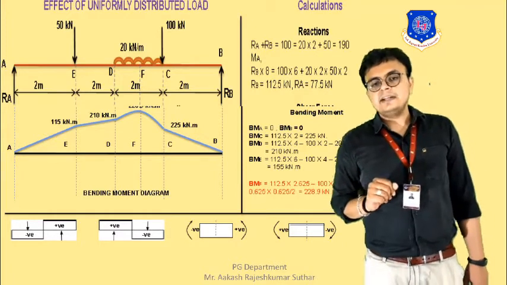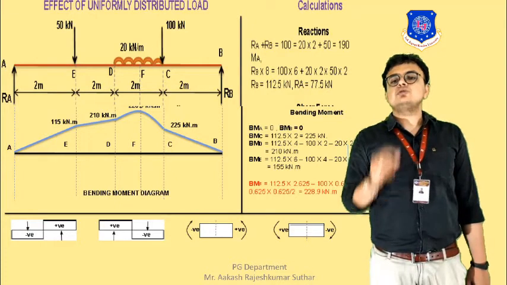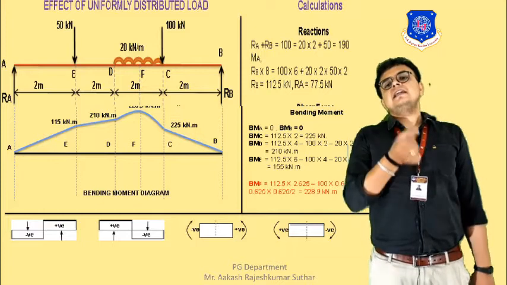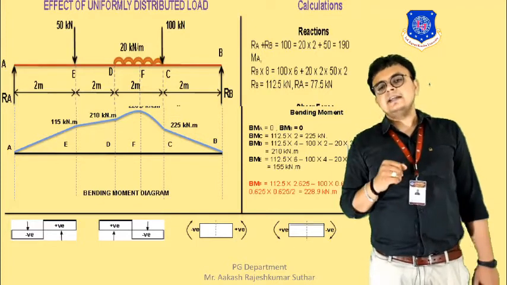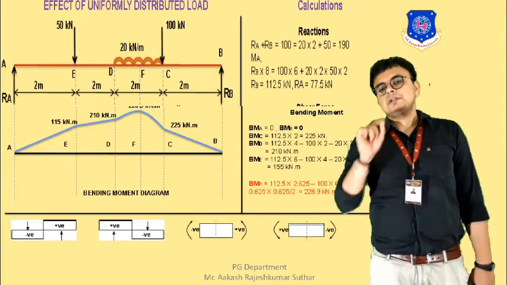So the bending moment at C will be equal to 112.5 into 2. From the left hand side we are getting an anti-clockwise moment, so it will be positive. So 112.5 into 2 will be 225 kilonewton meter.